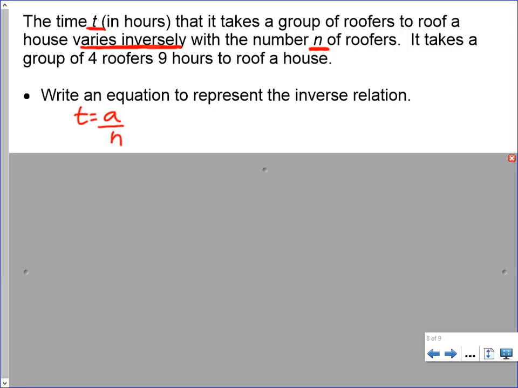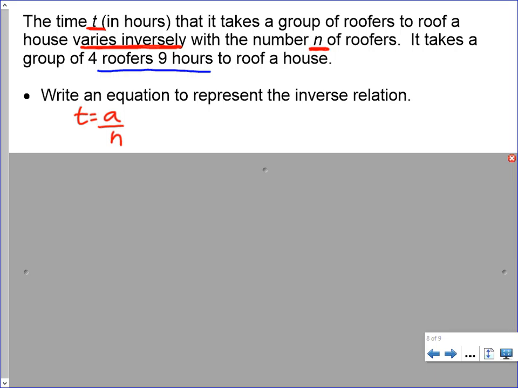I'm just using a different set of letters for x and y. Time represents t and n is number of roofers. They also give me information that will allow me to solve for my constant. It takes 4 roofers 9 hours.